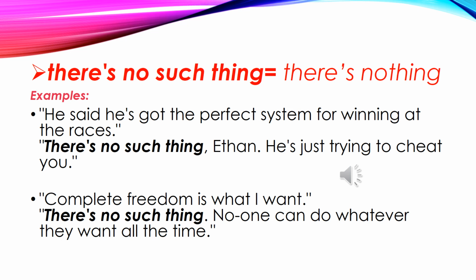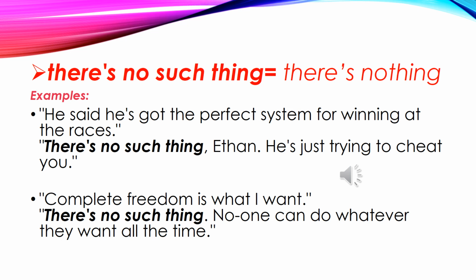Examples. He said he's got the perfect system for winning at the races. There is no such thing, Ethan. He is just trying to cheat you. The second example, complete freedom is what I want. The response of the other speaker, there is no such thing. No one can do whatever they want all the time.